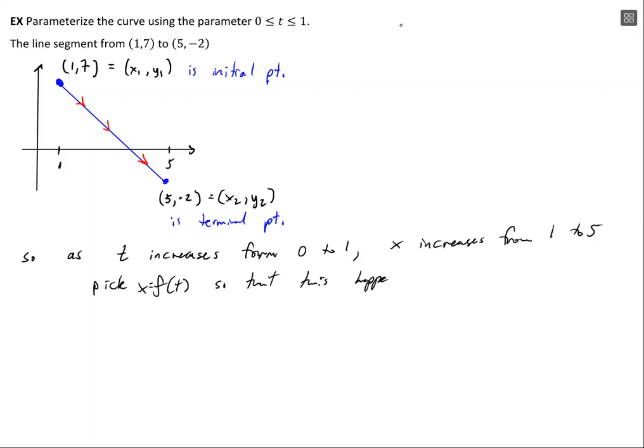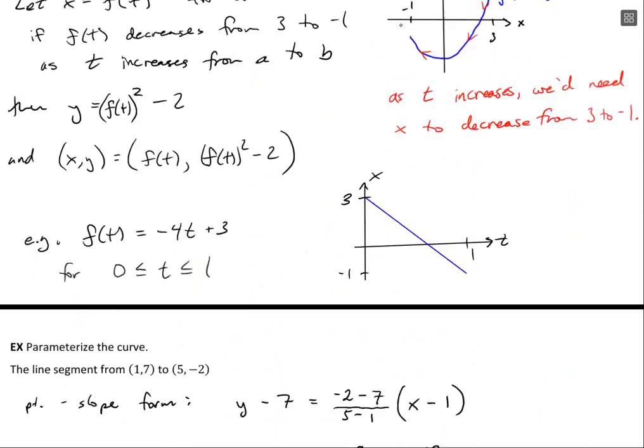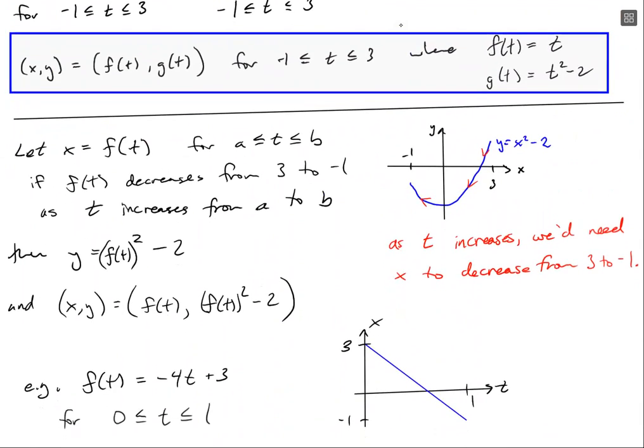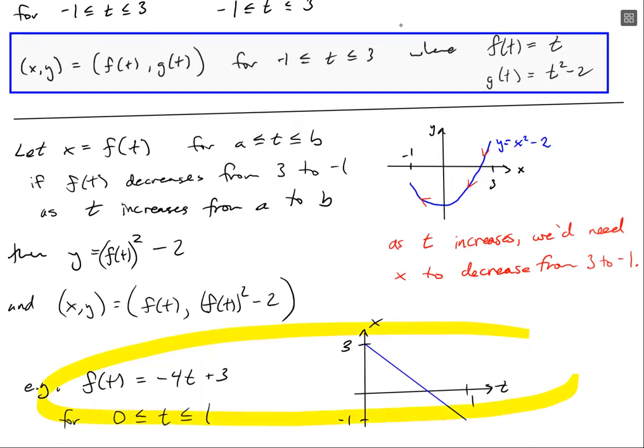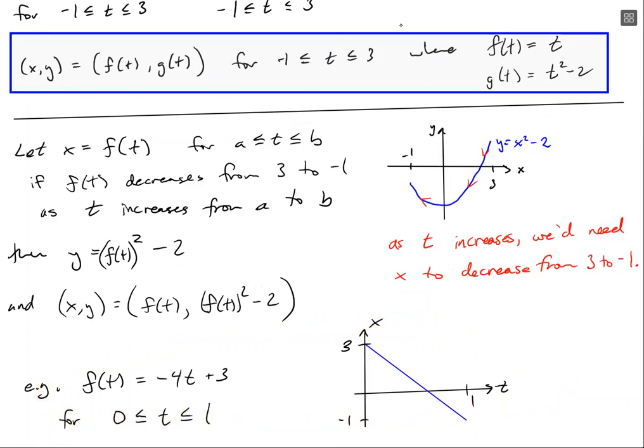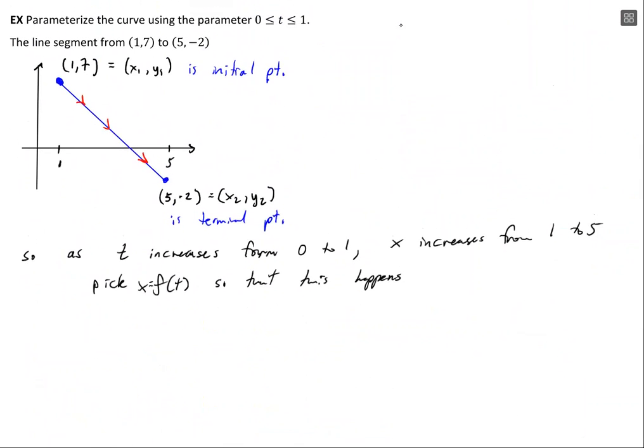And the simplest way of doing this, I actually gave you an example of in the first problem right here, when we were doing this bottom situation. I said, let's have t go from 0 to 1 and get that guy right there. So if I want t to go from 0 to 1 and x to go from 1 to 5, then there's x, there's t, there's 0, there's 1, and we're going from 1 to 5.